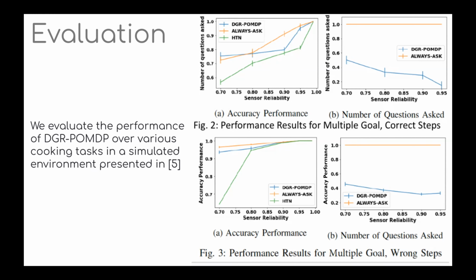What we are trying to show, and we do it in two scenarios: multiple goal wrong steps, where the human does multiple goals but can do wrong steps, and also when it can do wrong correct steps.